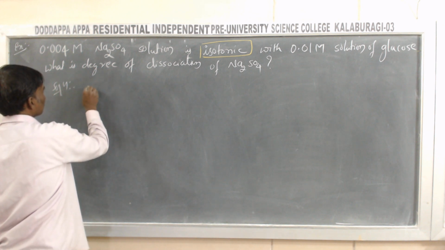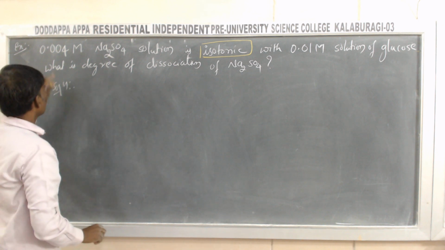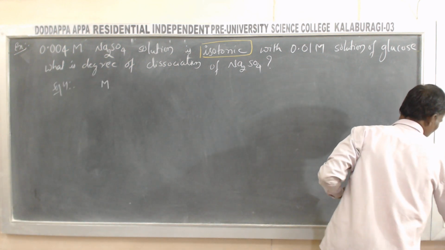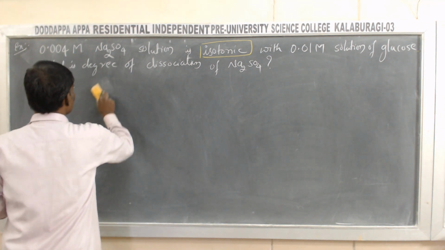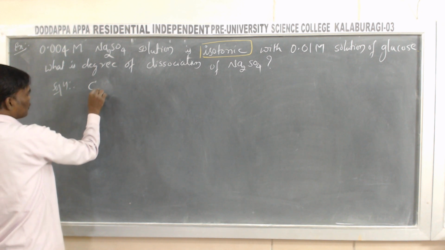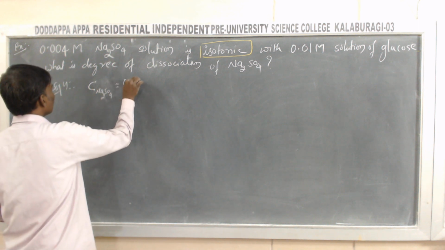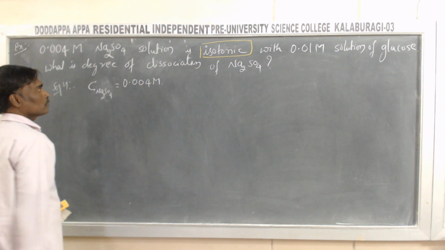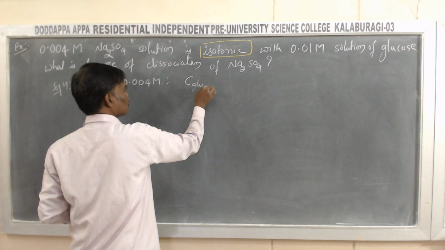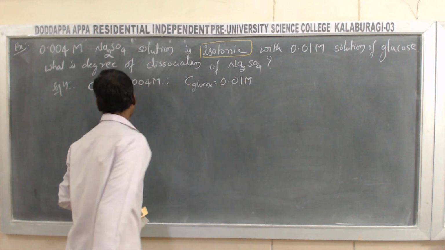The concentration of sodium sulfate, Na2SO4, is 0.004 m, and the concentration of glucose, C of glucose, its value is 0.01 m.